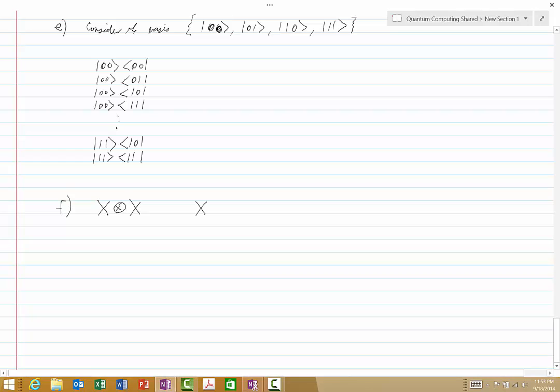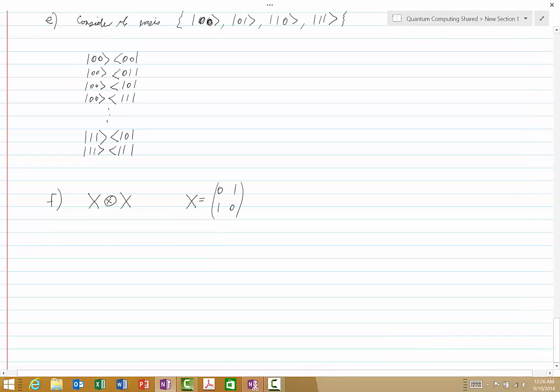X is 0, 1, 1, 0. So this is an operator on a 1-qubit system. This is going to be an operator on a 2-qubit system, and we want to find that operator in Bra-Ket notation. I'll give you a moment to think about that, and then we'll all look at this together.